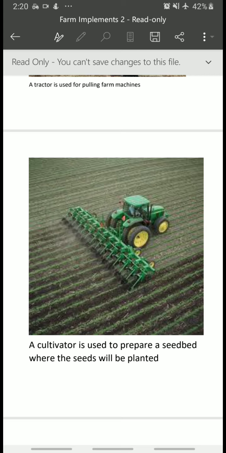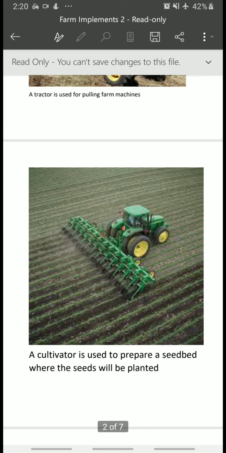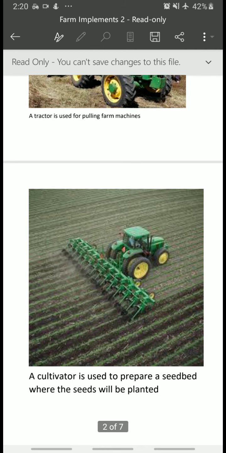And you pass the cultivator, see how many rows does it make at once? 1, 2, 3, 4, 5, 6, 7, 8, 9, 10, 11, 12. This cultivator can make 12 rows that will plant something, and it will be going on and on and on. It will go for long and it won't get tired.